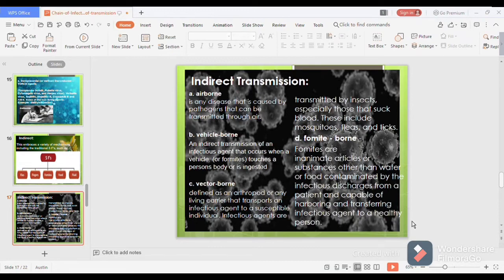And next is the vomite or fomite-borne. The vomits are inanimate articles or substances other than water or food contaminated by the infectious discharges from a patient, capable of harboring and transferring infectious agent to a healthy person.